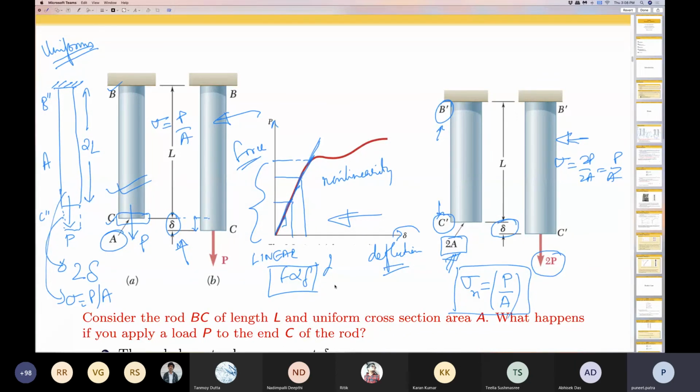But I have still not been able to define a way in which I can remove the effect of the length.